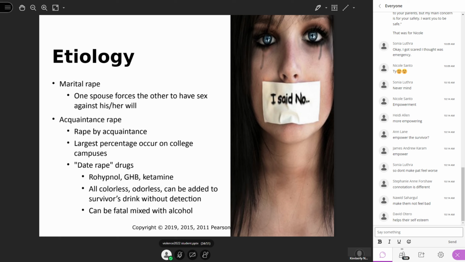Acquaintance rape is kind of the term that's taken over for date rape, which means that you did know the person that has committed the act of rape. We see a lot of this occurring on college campuses. And we want to make sure that people are aware of that.